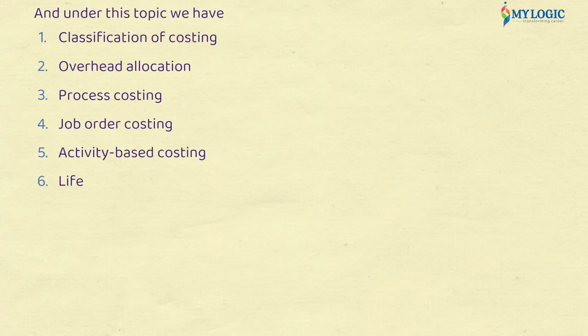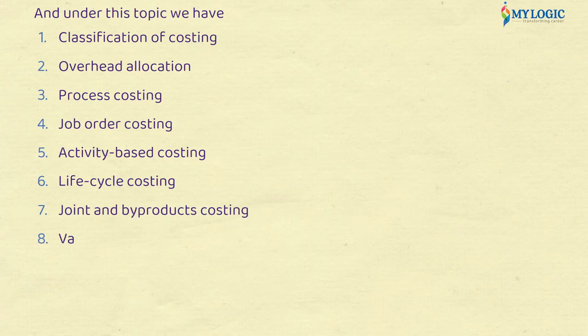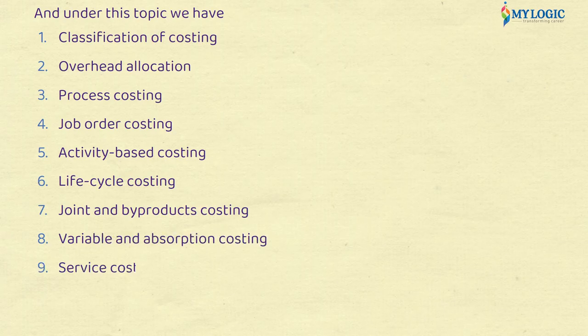And under this topic we have number 1, classification of costing, number 2, overhead allocation, number 3, process costing, number 4, job order costing, number 5, activity-based costing, number 6, life cycle costing, number 7, joint and byproducts costing, number 8, variable and absorption costing, number 9, service cost allocation, number 10, fixed and variable costing.